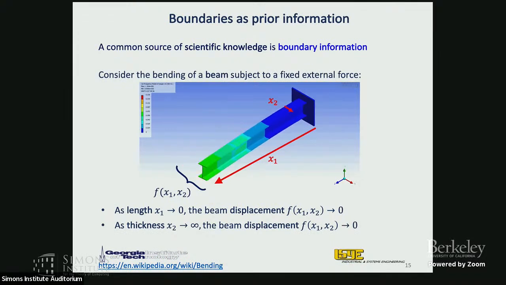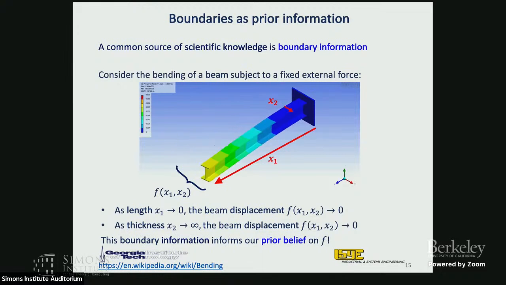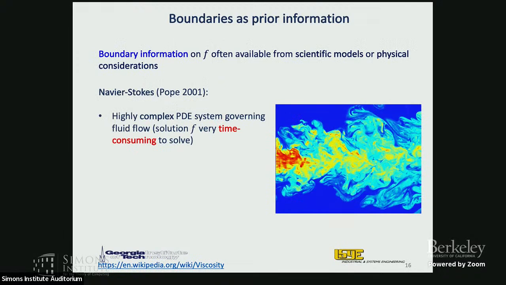On the length, you go to 0 then. But when the width, x2, becomes super thick, then, asymptotically, relatively speaking, that displacement also goes to 0. So that means we have these conditions. And if we model the behavior, well, there are also material properties I won't get into, so there are different kinds. Okay, so boundary conditions are often available from scientific models or physical considerations.